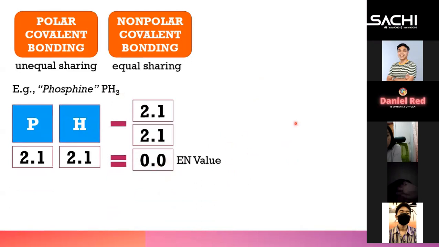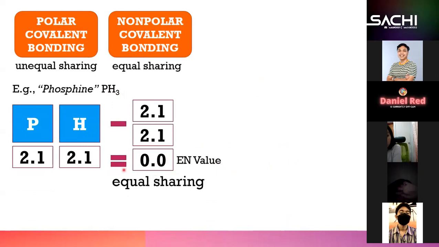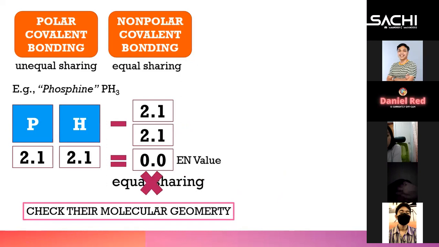Obviously, because it is 0 EN value, you will assume that this is an equal sharing of electrons. But that is not the correct answer. This is not an equal sharing of electrons. You need to check their molecular geometry to prove it.